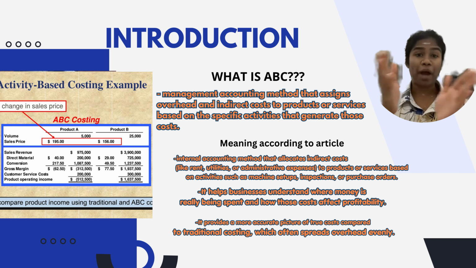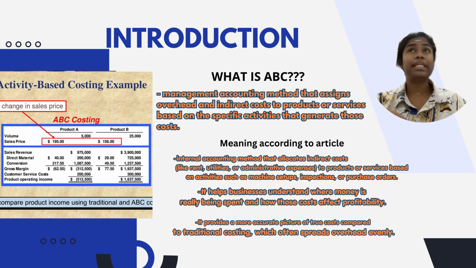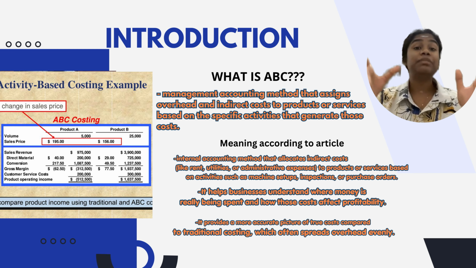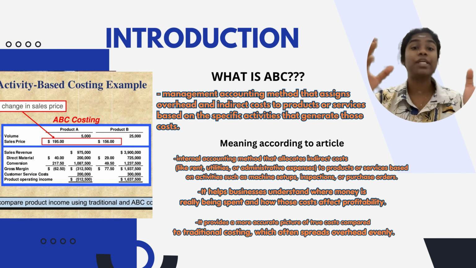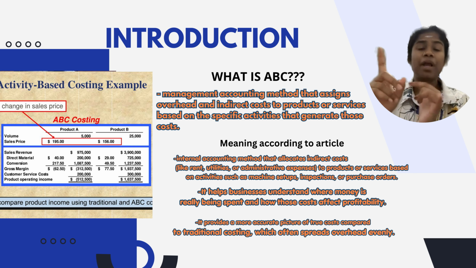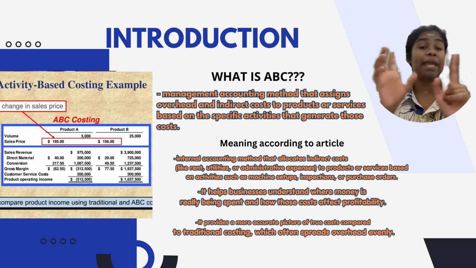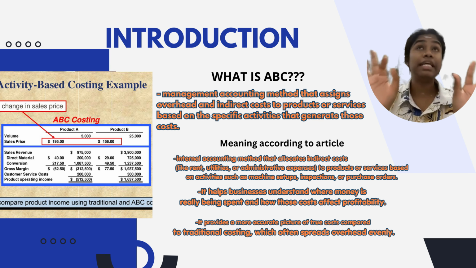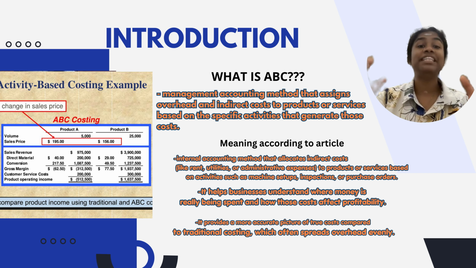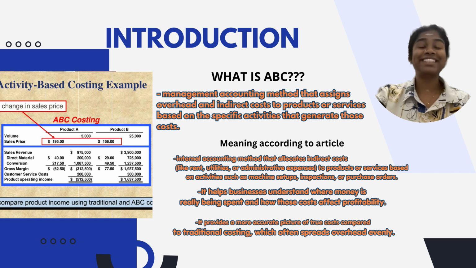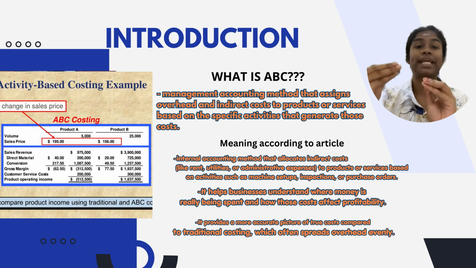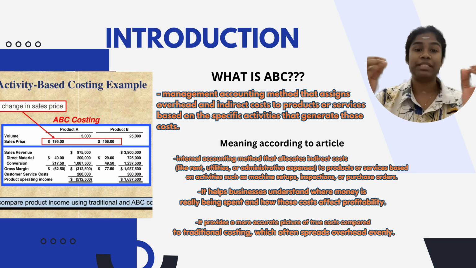So, to wrap up, activity-based costing is not just another accounting method, but a smarter way to understand cost, improve strategies, and support long-term success. By focusing on activities, ABC gives us a clear view of profitability, and it helps managers make better decisions. And for us students, it's a great example of how accounting tools can shape the future of businesses.